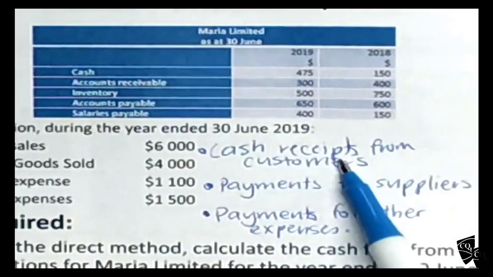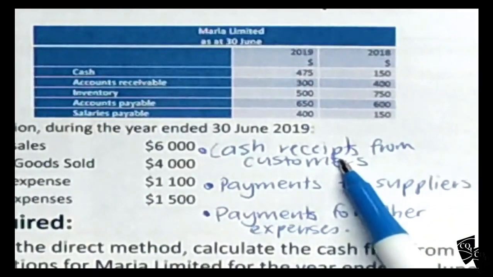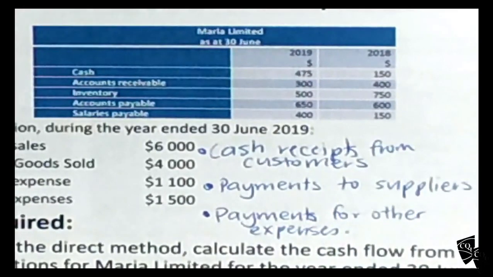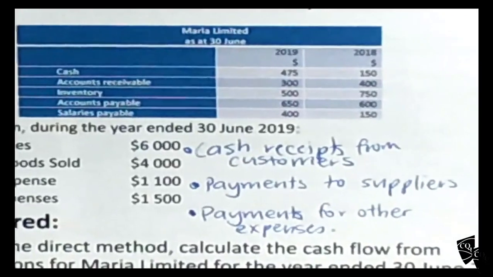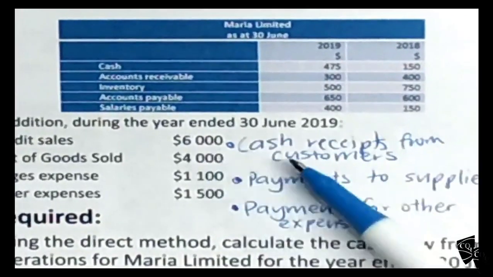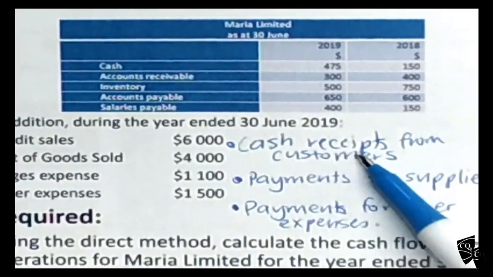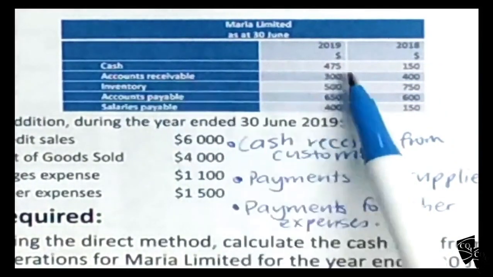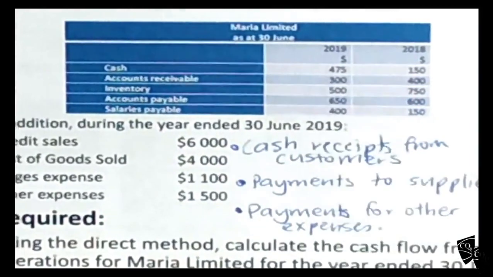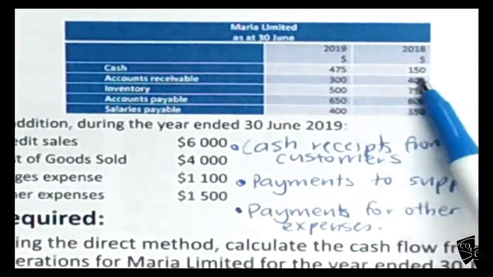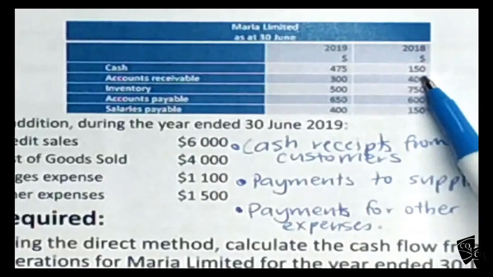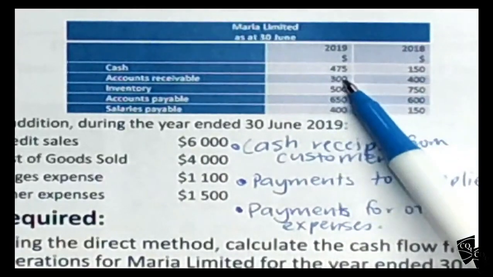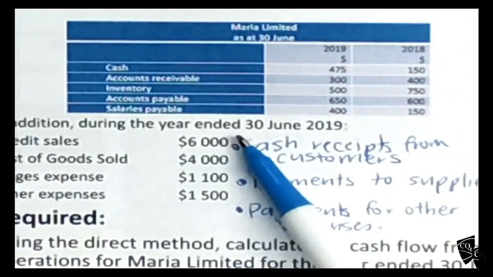How we calculate this, I explain the logic using our accounts receivable and our credit sales. So the figures that we have to use to calculate the cash receipts from customers are the accounts receivable balance sheet item, opening and closing balance, and we have to calculate the difference. We're going to add the opening and minus the closing, and we're also going to include our credit sales.